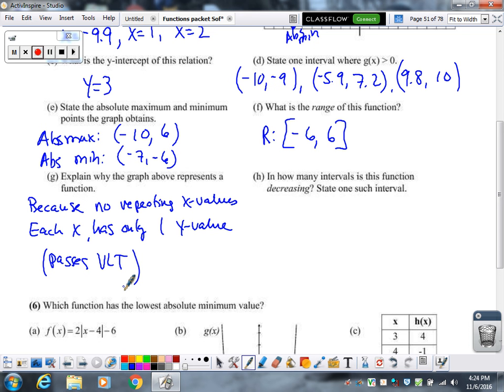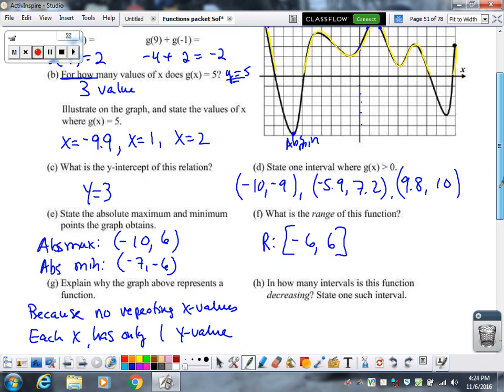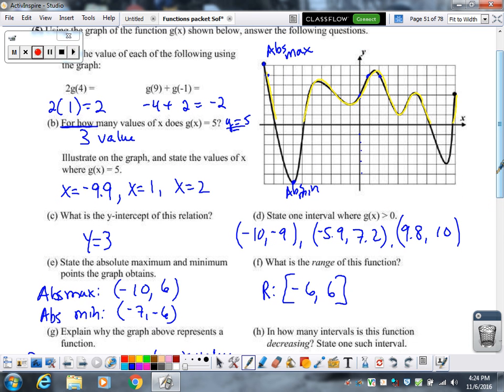How many intervals in this function are decreasing? And in how many intervals is this function decreasing? State one such interval. Let's go back to our graph and erase what we have. So I can highlight where we are decreasing. We are decreasing here. We're decreasing there, there, and there.